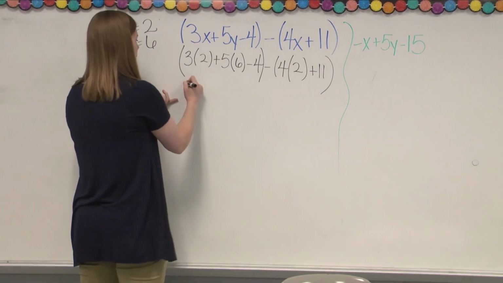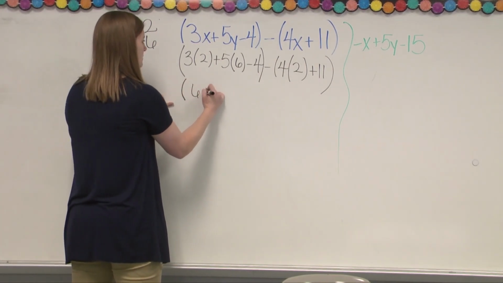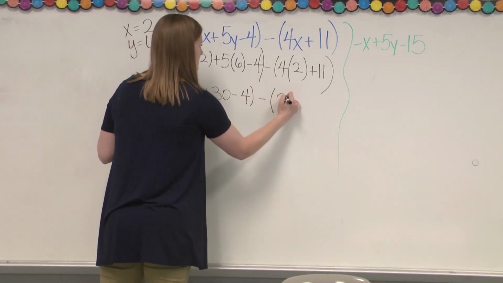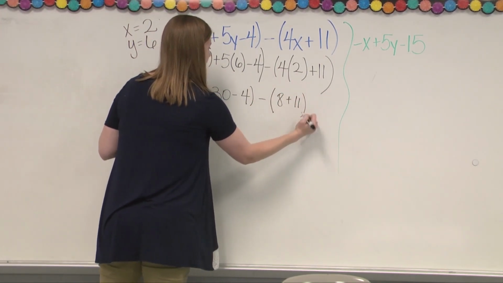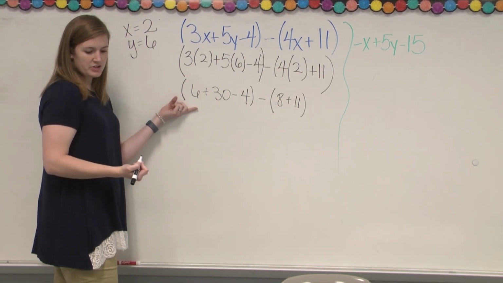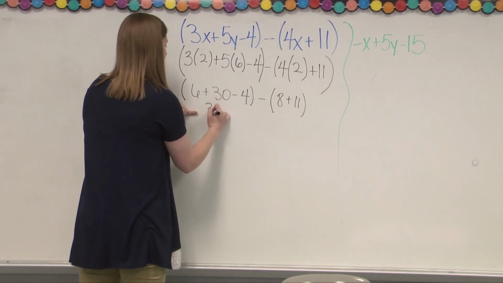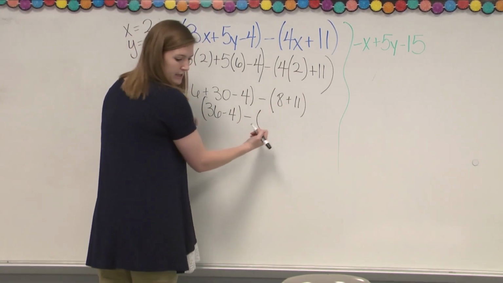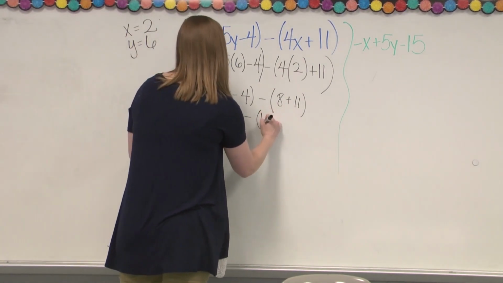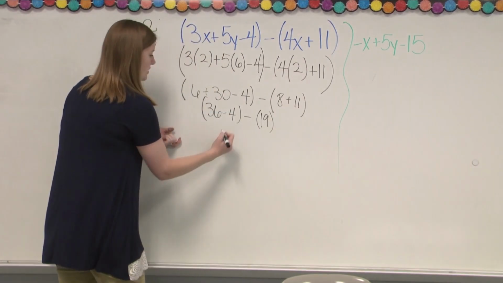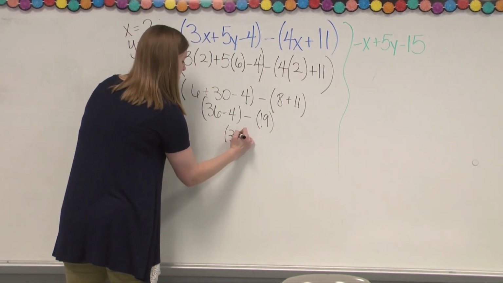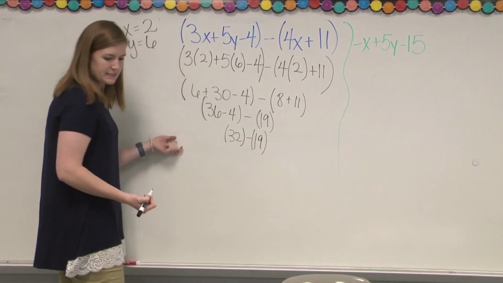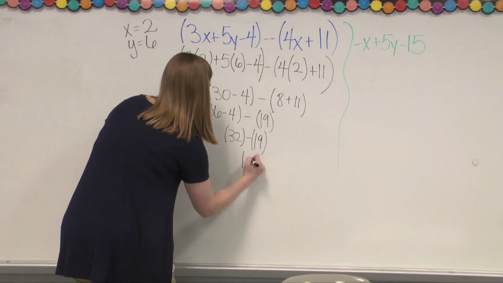Working inside these parentheses, 6 plus 30 minus 4 minus 8 plus 11. 6 plus 30 minus 4 does give me 36 minus 4, minus 8 plus 11, which is 19. 36 minus 4 is 32. So 32 minus 19 does give me 13.